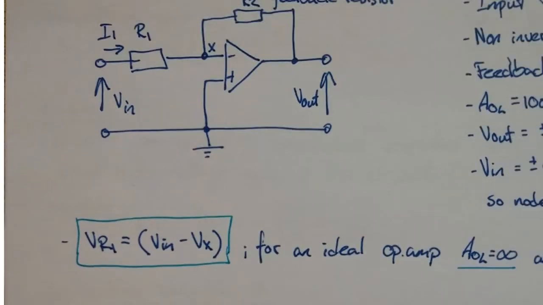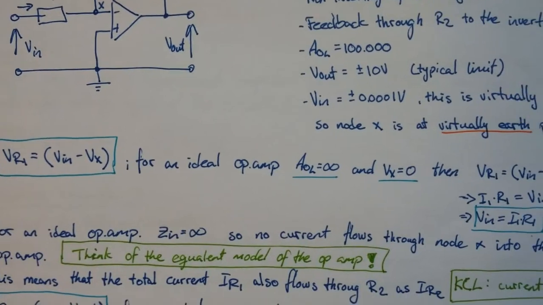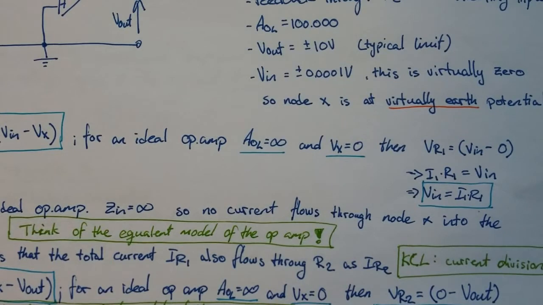For the resistor R1 in the input signal line, this voltage drop must be the input voltage minus the voltage potential at node X. And if we keep in mind that the open loop gain for the ideal operational amplifier would be infinite, and that the potential at node X should be zero, then the voltage over this resistor R1 is equal to the input voltage minus 0, and thus the voltage over R1 is equal to the input voltage.